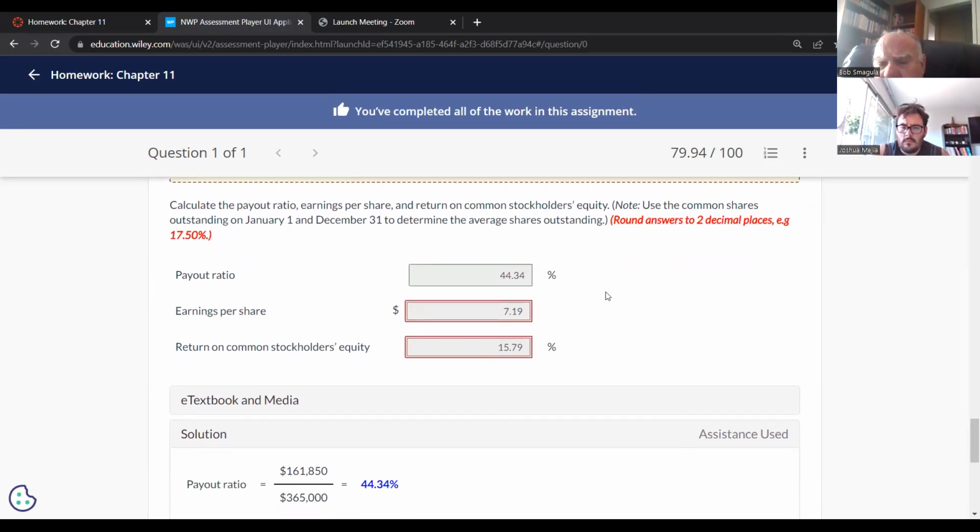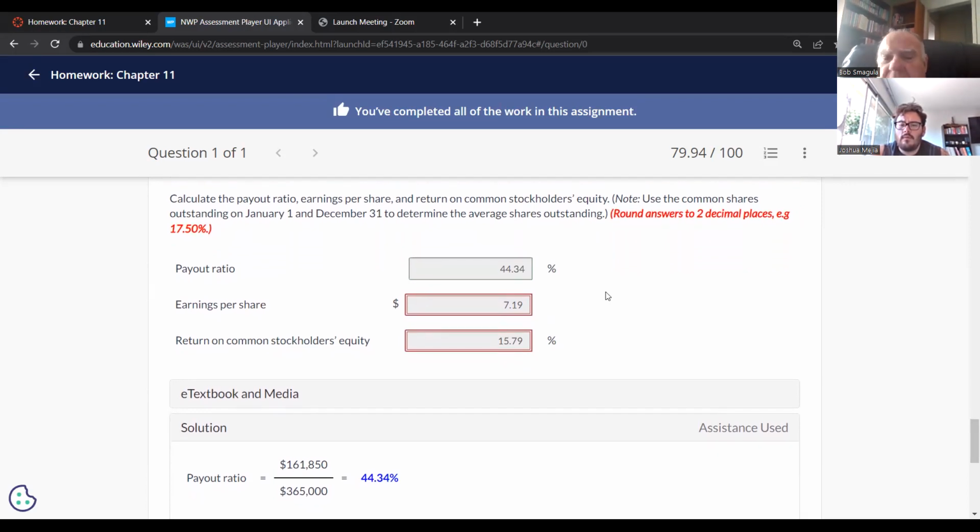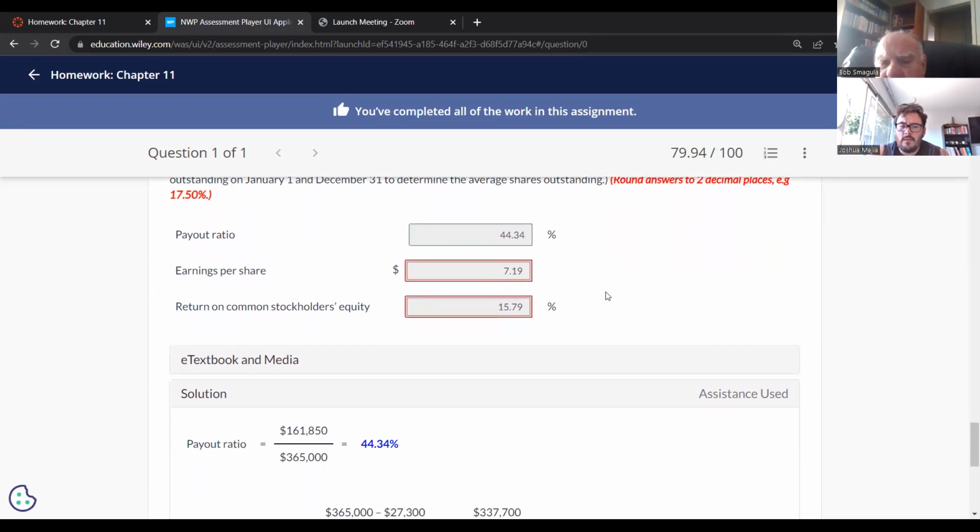If the stock goes through the roof and the company's making billions and billions of dollars, the preferred people will not benefit 1 penny from that because they only get that dividend. It's the common people who will reap the big rewards, if you will. The common stock, big risk, big reward. Preferred stock, very conservative.